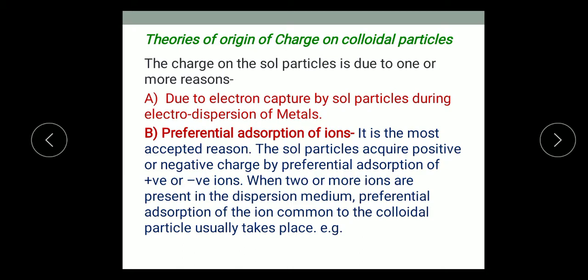Metallic sols are prepared by electrodispersion by Bredig's arc method, in which very high temperature is reached. In this case, it is believed that sol particles capture electrons from the dispersion medium and get negatively charged.